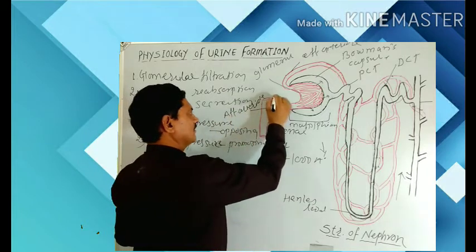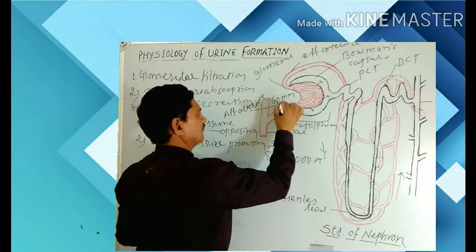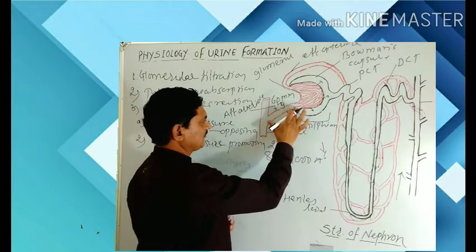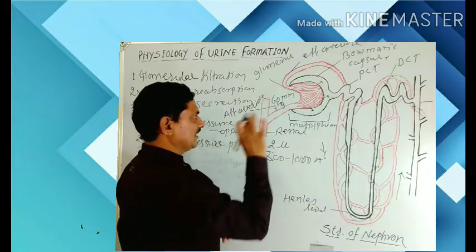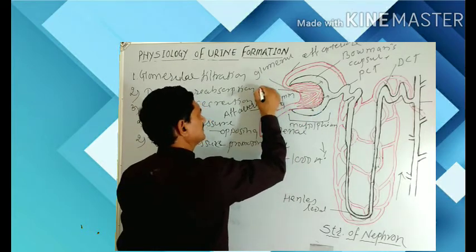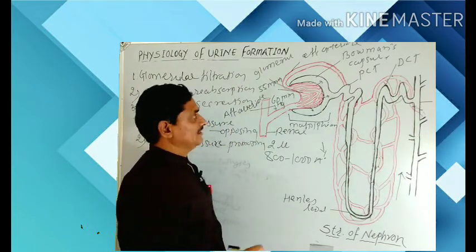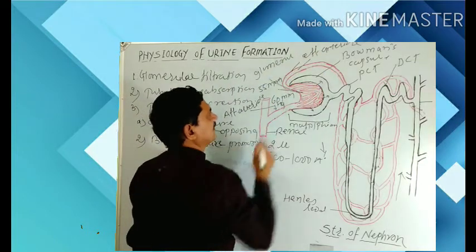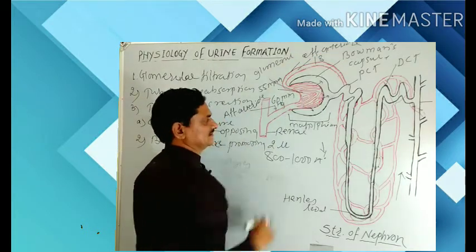In this afferent arteriole, there is 60 mmHg of blood pressure. The diameter of the afferent arteriole is larger than that of the efferent. The blood pressure in this glomerulus reduces, and here it is 55 mmHg. In the arteriole which leaves the Bowman's capsule, the efferent arteriole, the blood pressure reduces again and measures 18 mmHg.